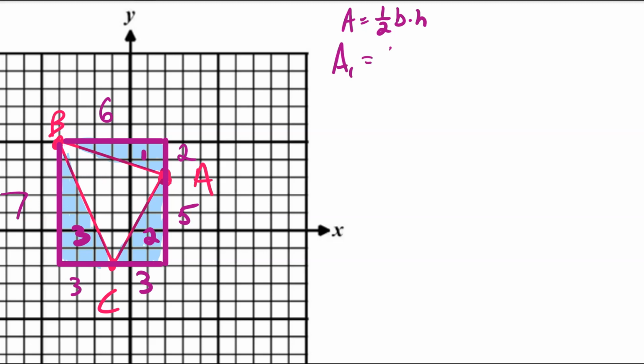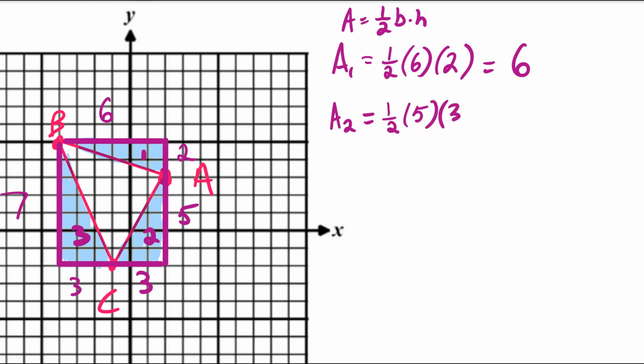So the area of the first triangle would be 1/2 times my base of 6 times my height of 2. It doesn't matter which one's your base and your height as long as you pick the sides that are perpendicular. So 2 times 6 is 12, and half of that's just 6. For my second triangle, I can do 1/2 base times height, and those are the sides that I counted.